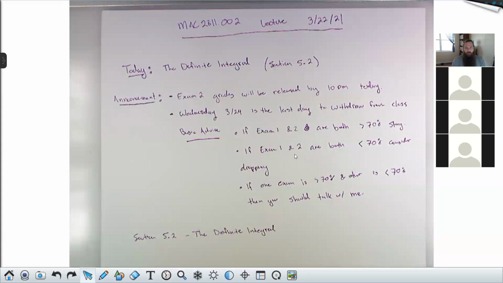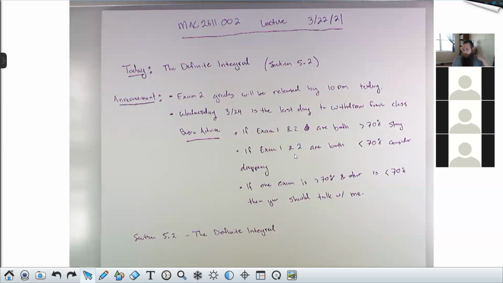So if your exam average is below the target goal you need for this class, like if you need a C or better to move on to the next class, then I would say if your exam average is below a 70%, then you should at least consider letting go of the course. And if your exam average is above a 70%, then you should probably stay in because you're on track to get your goal. But it really depends on what your goal is.